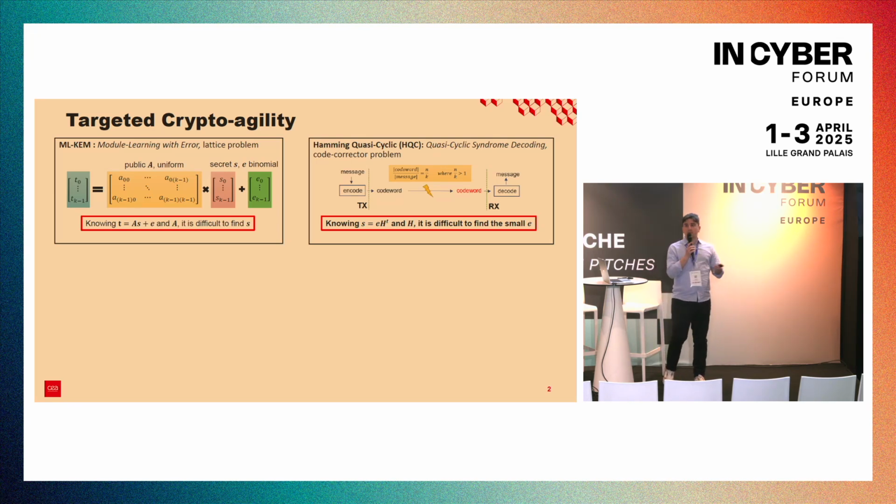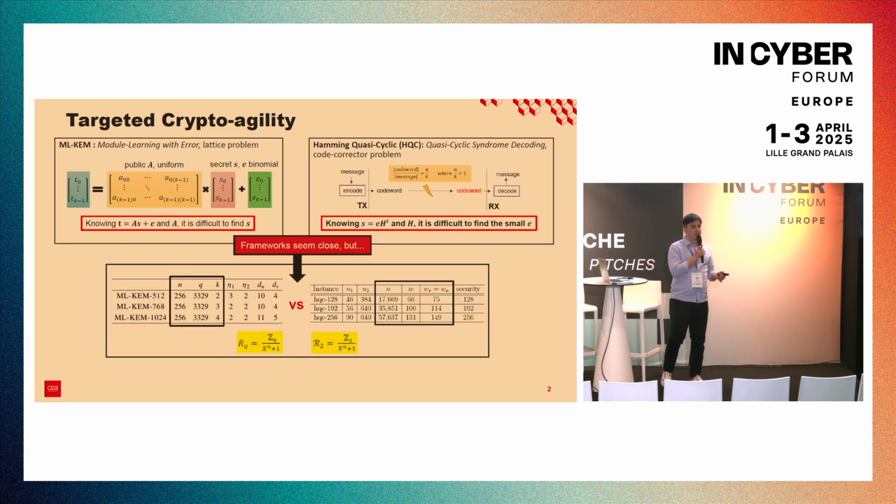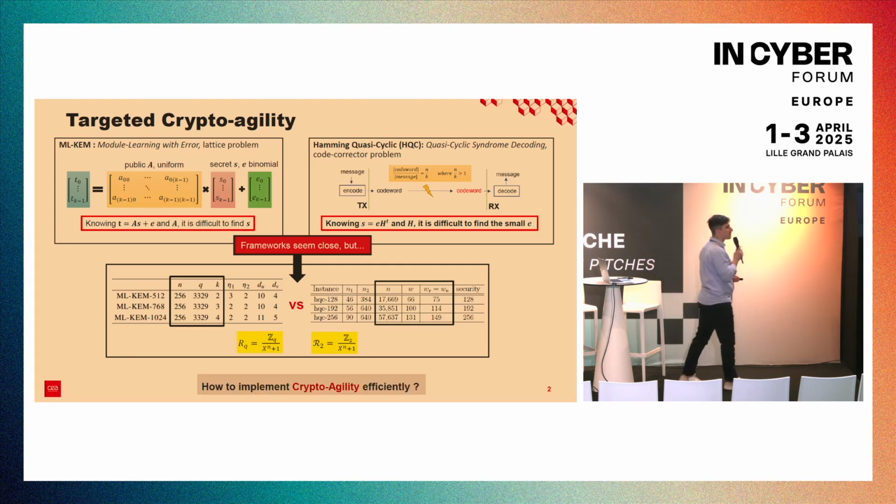So at this point, what we can say is that the framework seems closed. However, if we look at the internal parameters of these algorithms, we can notice, for example with the parameter n, the different size of the polynomials to be processed along these algorithms, and also that the polynomial rings used to perform the arithmetic operations are totally different. So now the question is how to implement this crypto agility efficiently.